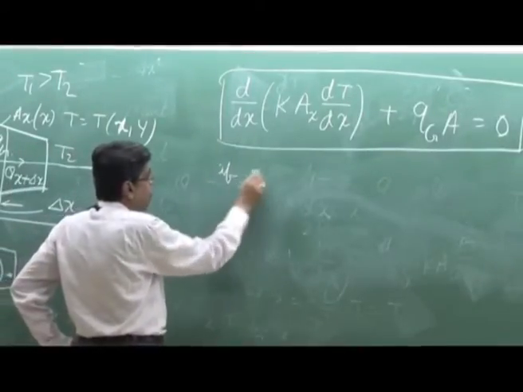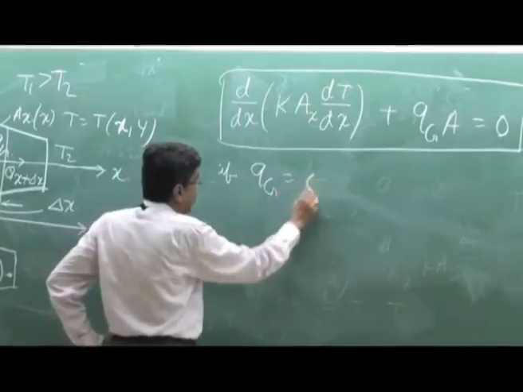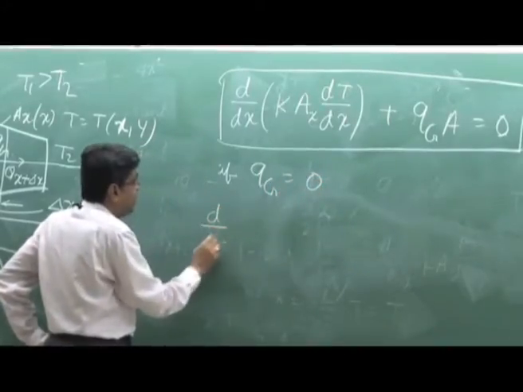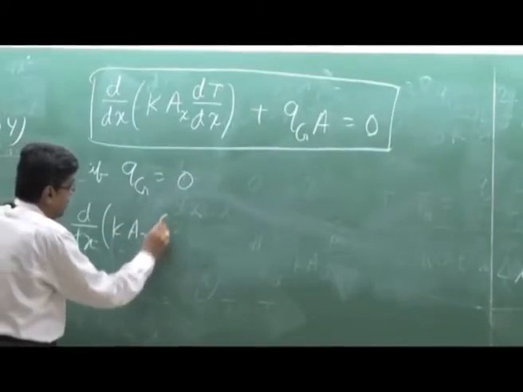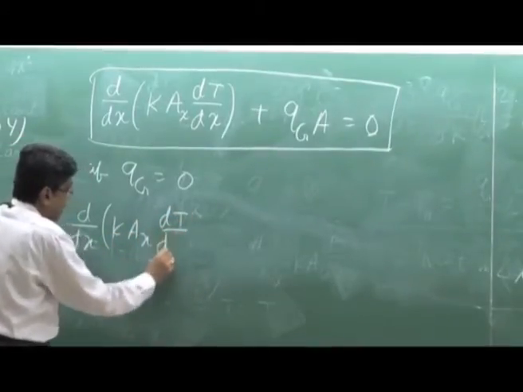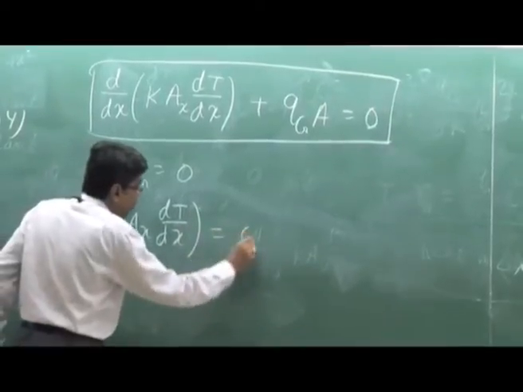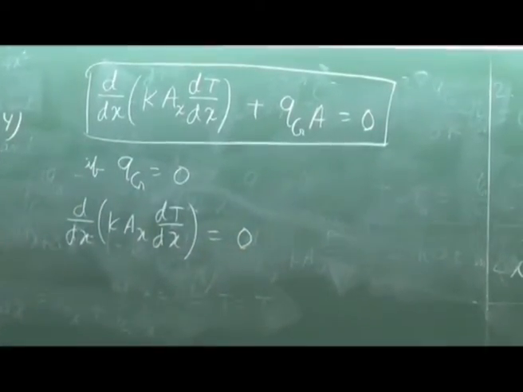If Qg is 0, then this becomes d/dx of K Ax dT/dx. That means we see that without heat generation this quantity is 0.